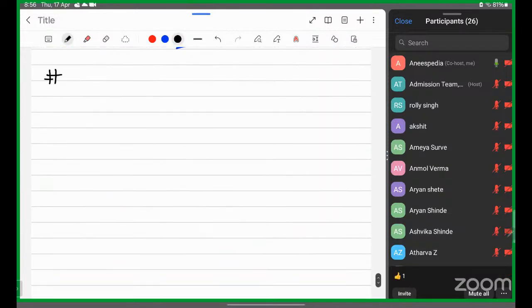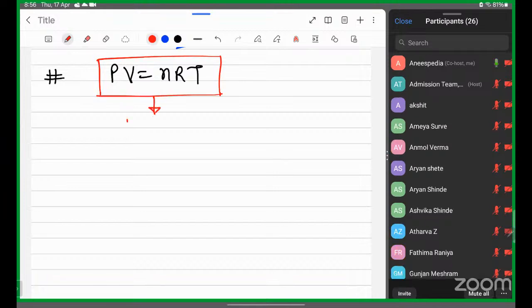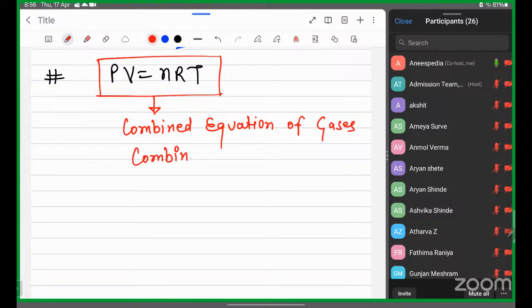Okay. From the ideal gas equation PV equals nRT, we have a new equation which is known as the combined equation of gases, or sometimes we call it the combined law.